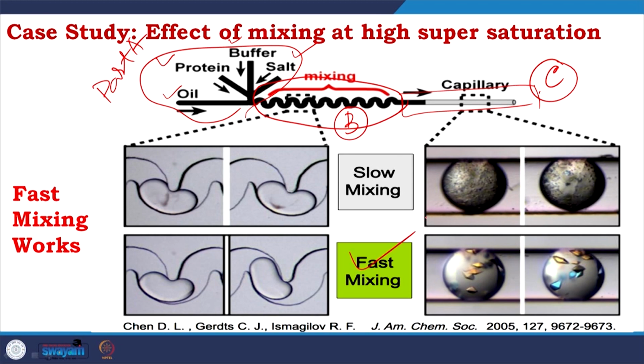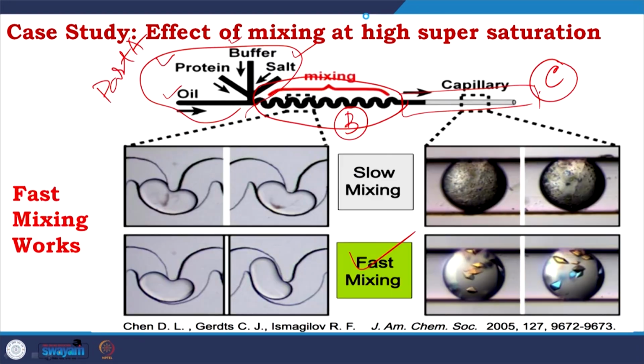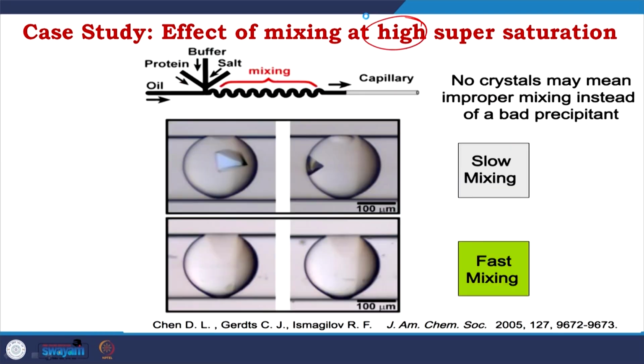So, is it that fast mixing always works? Now, they developed a different case study. In the case of high supersaturation, which was here, I knowingly wrote that so that I could change it to show you they use low supersaturation. And what is the result?